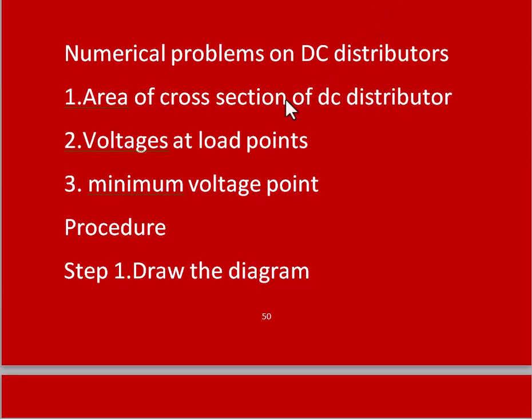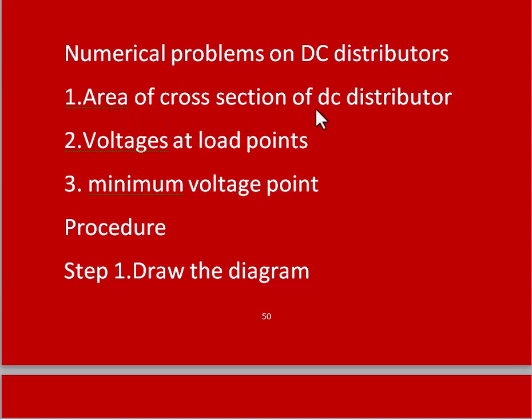Now let me discuss the numerical problems on DC distributors. To solve any problem on DC distributors, we should know what are the questions that will come from there. The numerical problems on DC distributors will ask only 3 questions maximum.